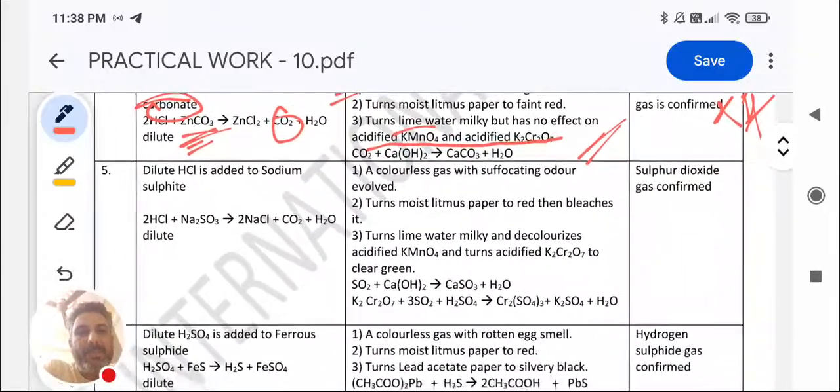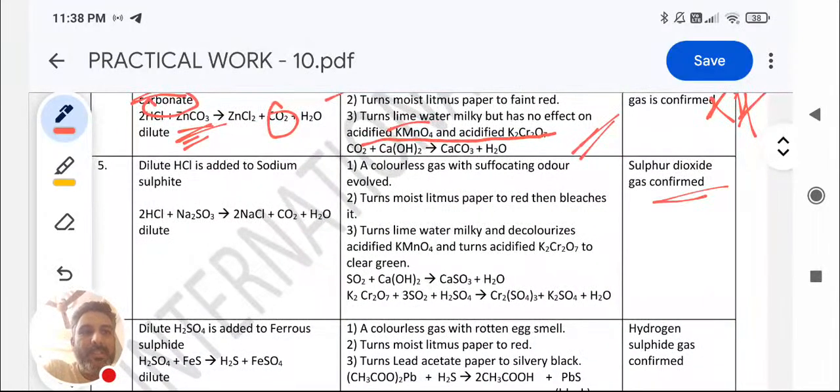And the next one is sulfur dioxide gas. This sulfur dioxide gas can be produced from sulfites by adding dilute acid to these metal sulfites. So when you add dilute HCl to sodium sulfite, it gives sulfur dioxide, which has a suffocating odor, and it also turns lime water milky.